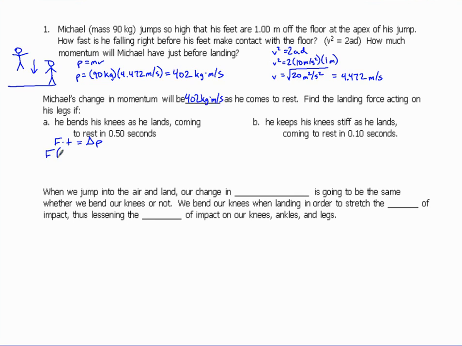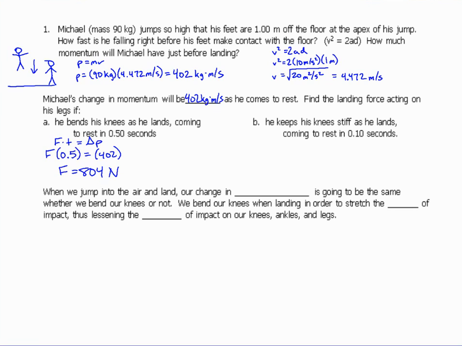What is the force if this happens over 0.5 seconds? Delta P was 402. The force in this situation is 804 newtons. It's a pretty significant force.